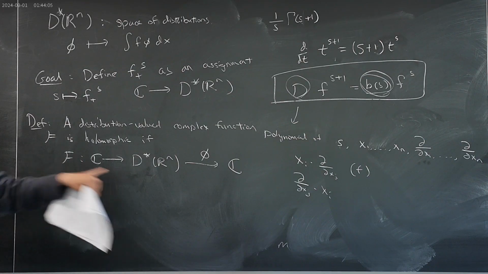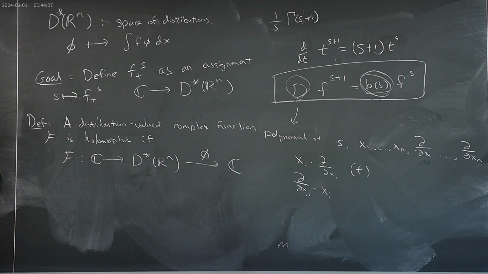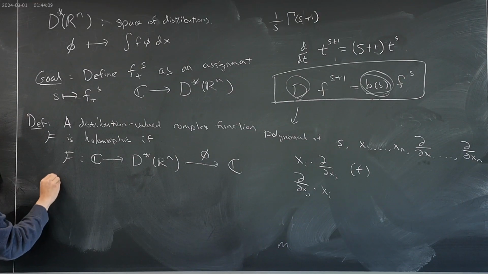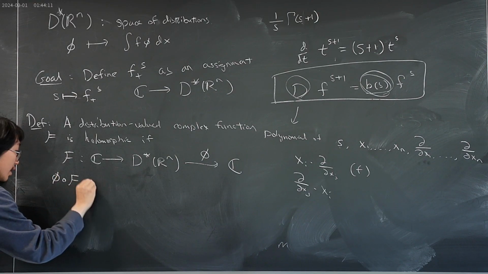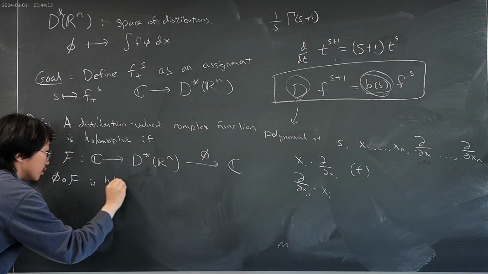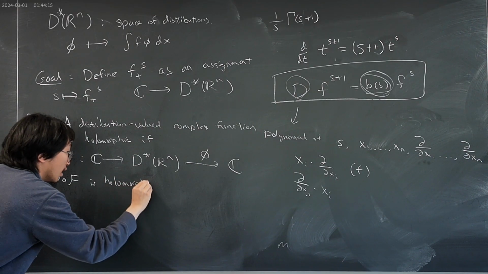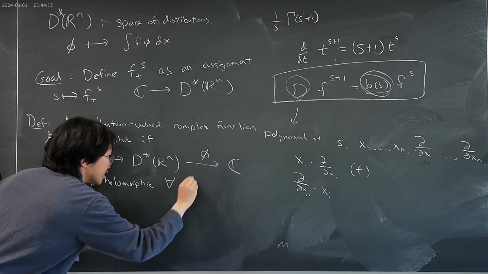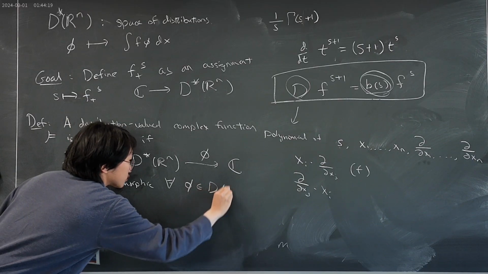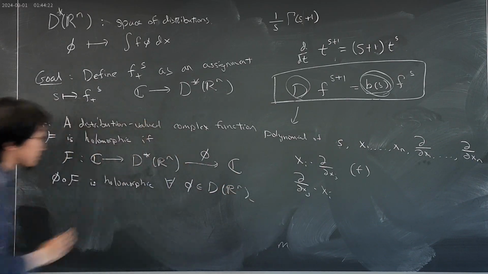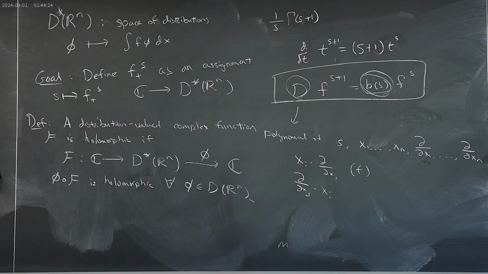And I need the composite here to be holomorphic for every test function phi. So phi compose f is holomorphic for any test function phi. That's what it means for a function to be holomorphic.